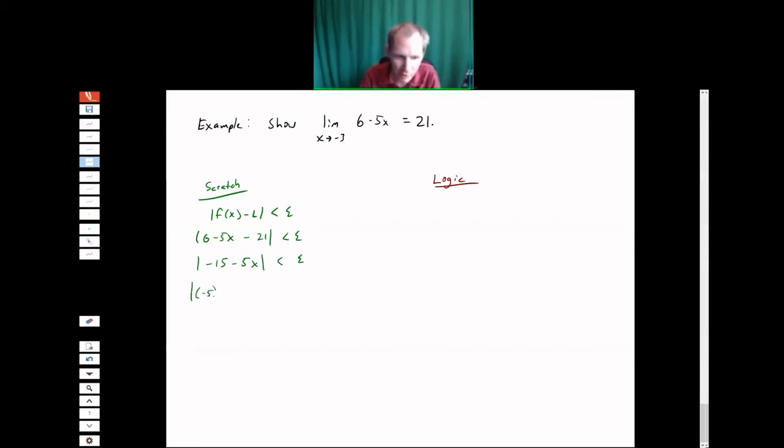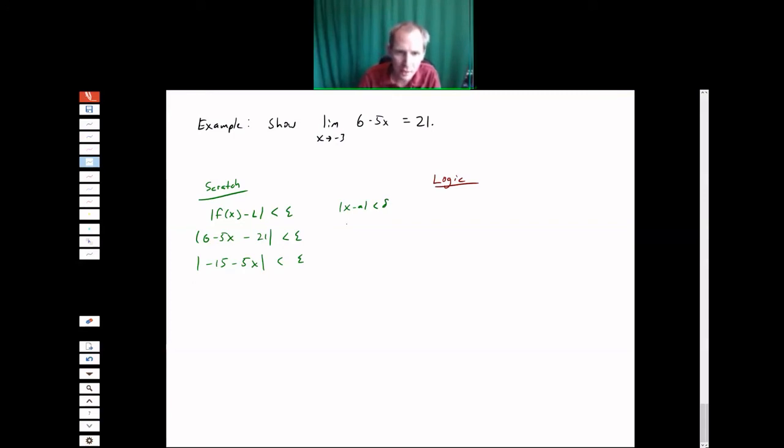If I factor out a negative 5, well, let's hold on. It's not factored yet. Let's figure out where we're at. What I find is helpful is to see, well, where am I going, right? If I write the other side of this where I want to end up, I want to end up with |x minus a| is less than delta.